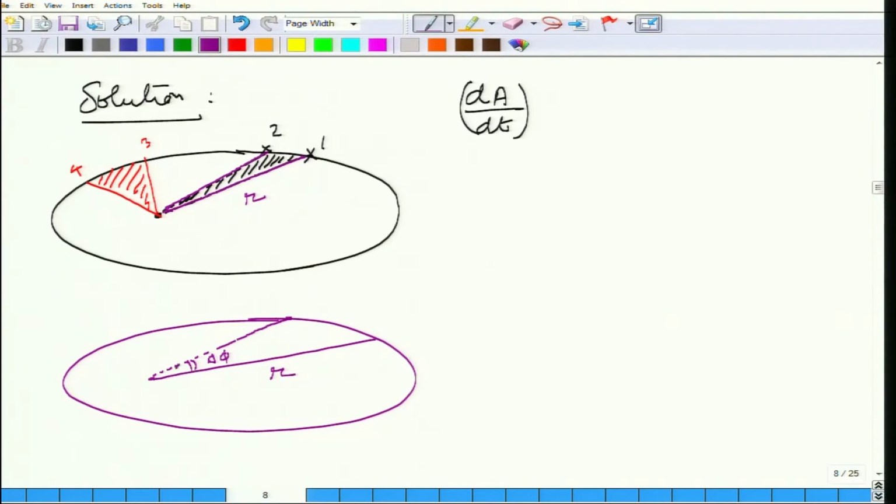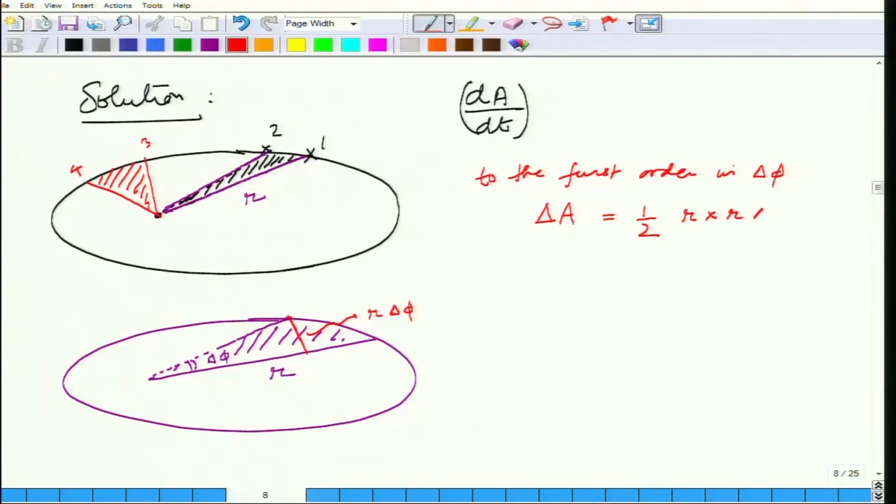If I were to calculate the area of the shaded region, let me drop a perpendicular from here. This becomes the base. Keep in mind delta phi is very small. This base distance is going to be r delta phi, and therefore to the first order in delta phi, the area delta A is going to be 1/2 of r times r delta phi, which is 1/2 r square delta phi. So this is the expression for infinitesimal area in planar polar coordinates.